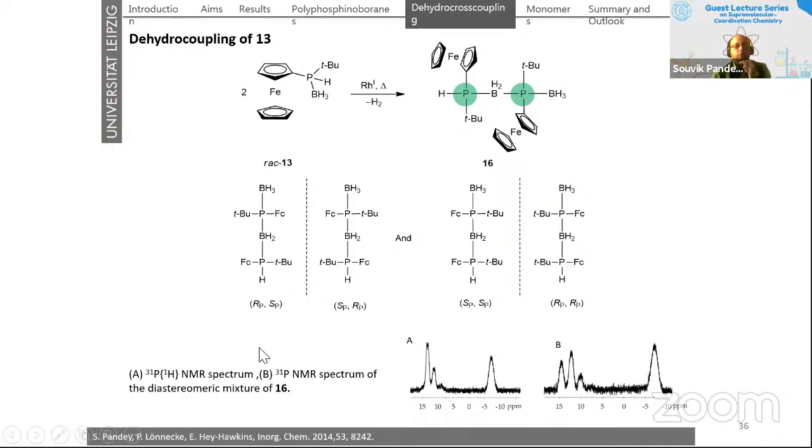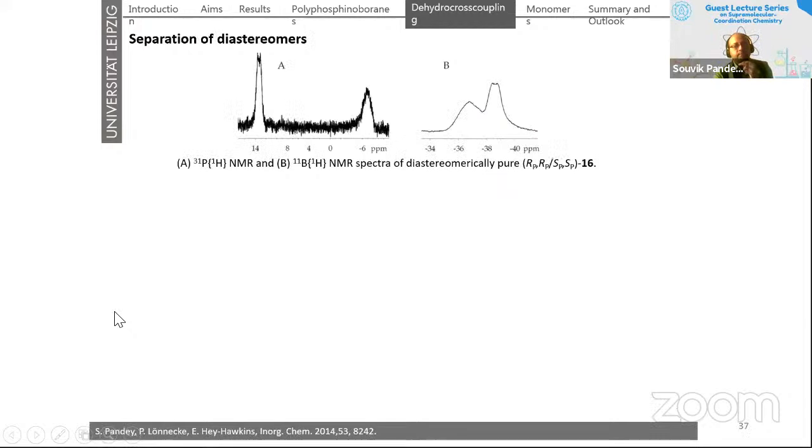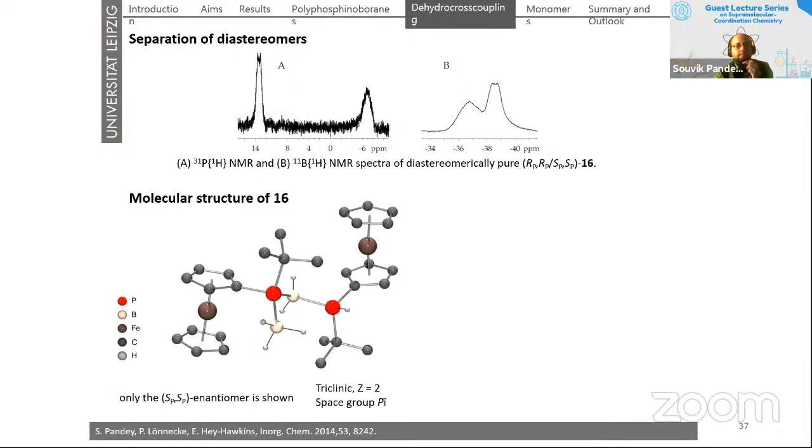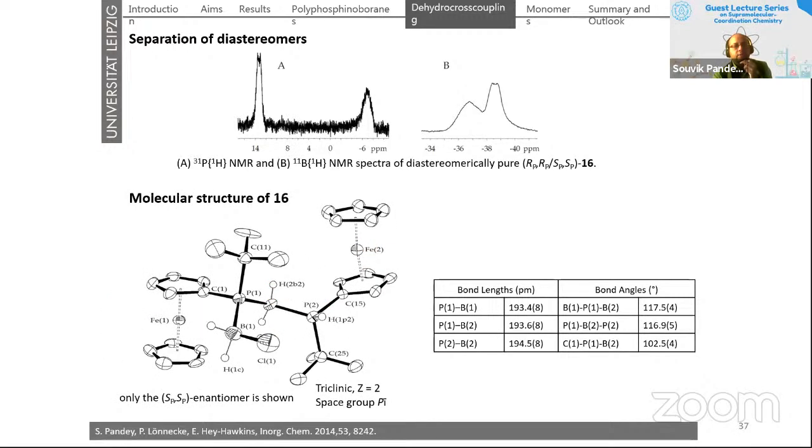Okay, through normal column chromatography, these compounds are stable in air, and through column chromatography we can really separate those two diastereomeric pairs, and we can get this compound pure. See, this is the pure compound having only one peak, and it has been crystallized, and of course we have bond lengths and bond angles mentioned here.